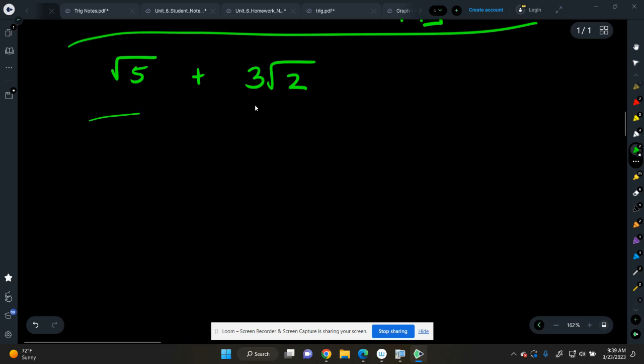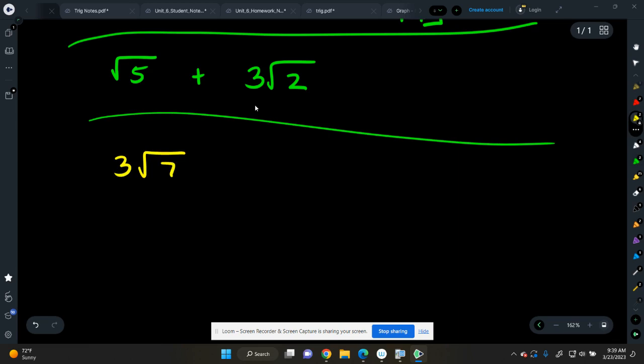Okay, what if I have 3 root 7 minus 2 root 7? What's that going to equal? 1 root 7. Right? The 1 in front?